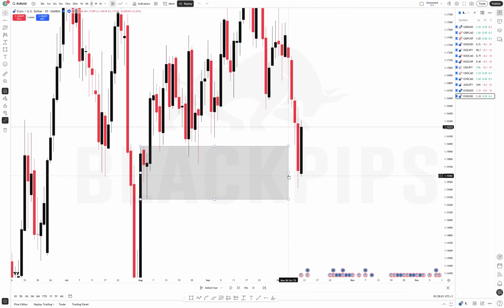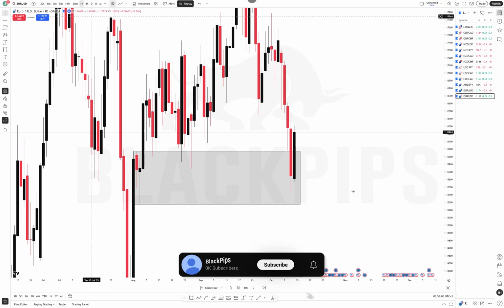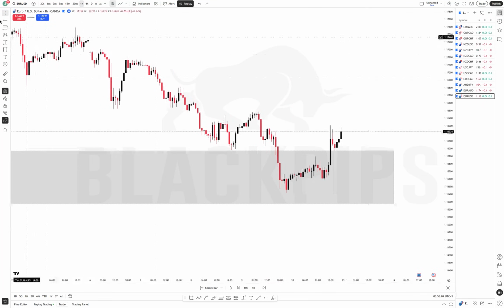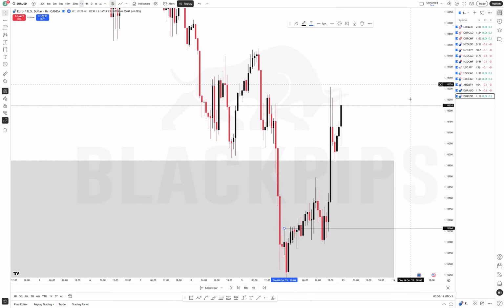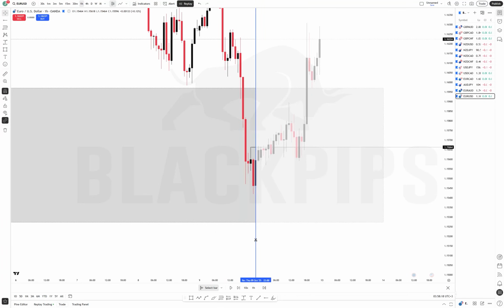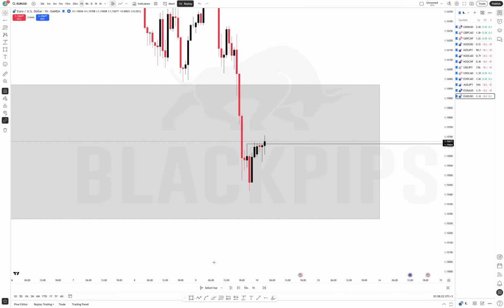So here the price came and reacted to it. If we go back on the 1 hour time frame, you can see that we had this transition up here, with this inside formation here. So we cut the chart here and we go back down to the lowest time frame, because we know that we have this inside formation here.